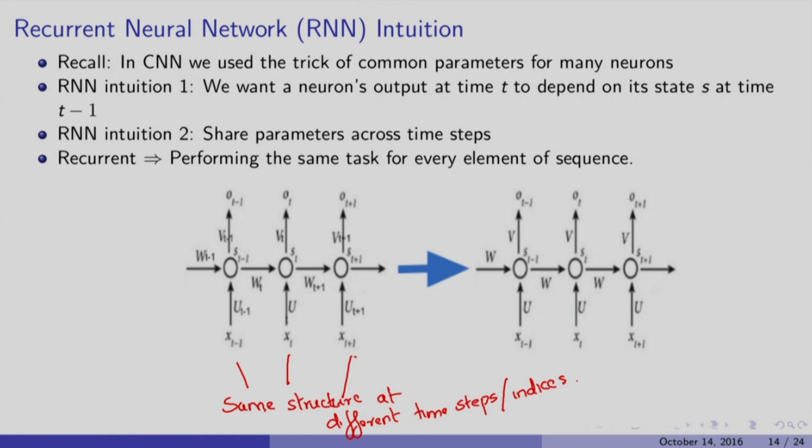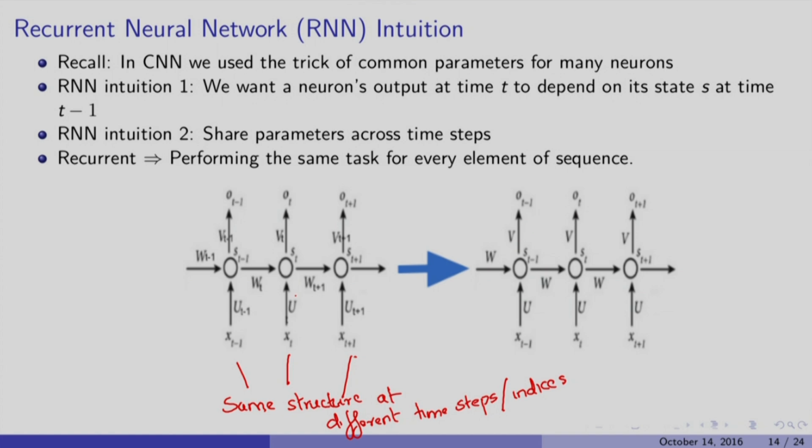Now the weight associated for transition from st minus 1 to st and the weight associated for transition from st to st plus 1 of the same neuron are kind of dependent on the time.